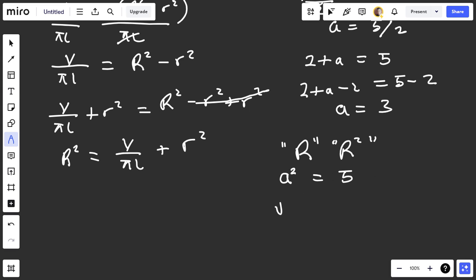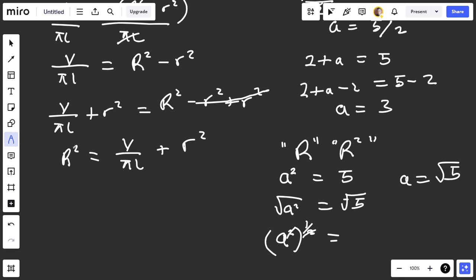Or you say when this square moves to the other side, it becomes a square root. If you take the square root of both sides, a raised to the power of 2 equals the square root of 5. According to the law of indices, this is a raised to the power of 2 raised to the power of a half, because square root means power of 1 over 2. These two will cancel, so a will be equal to the square root of 5.